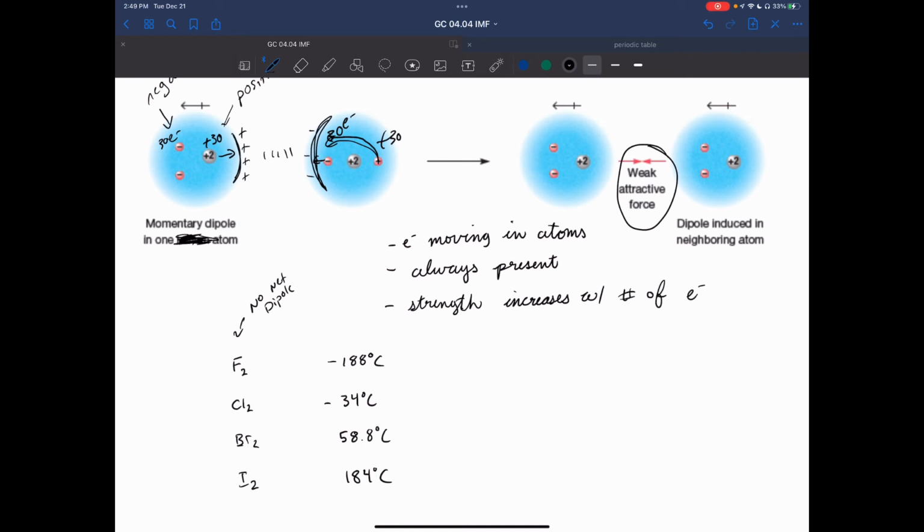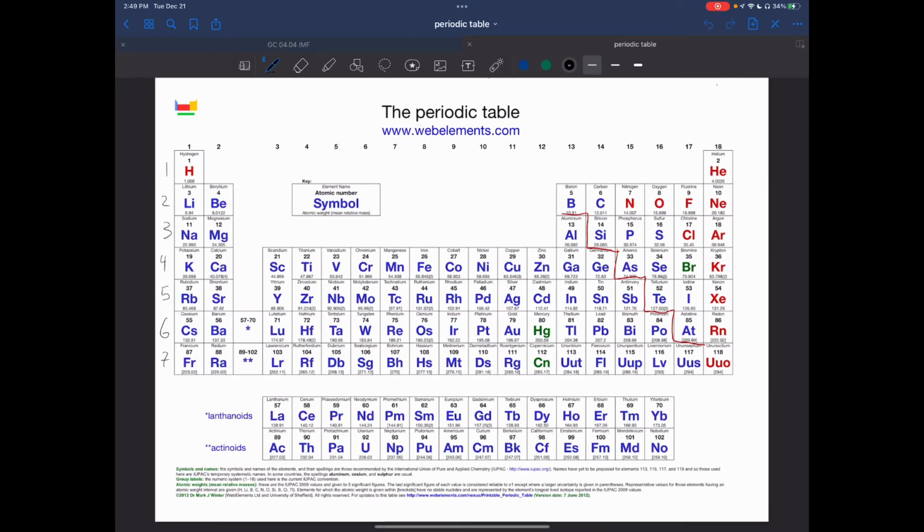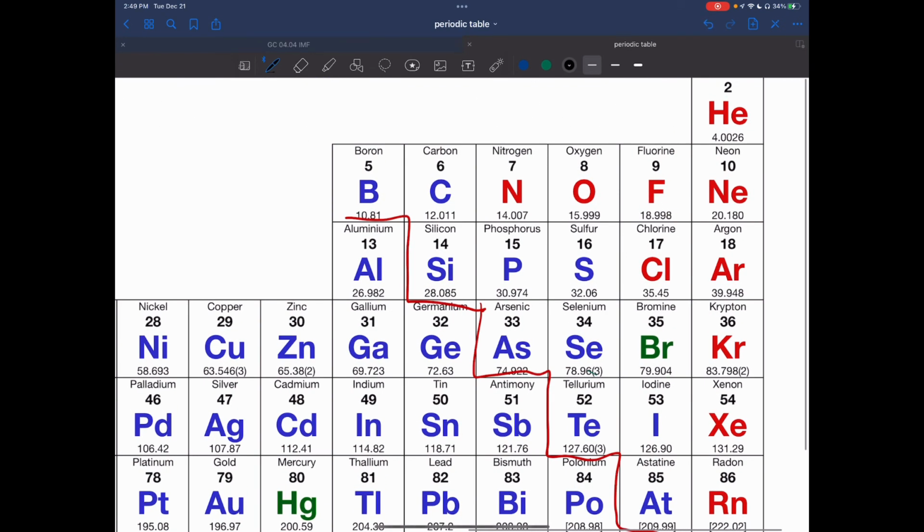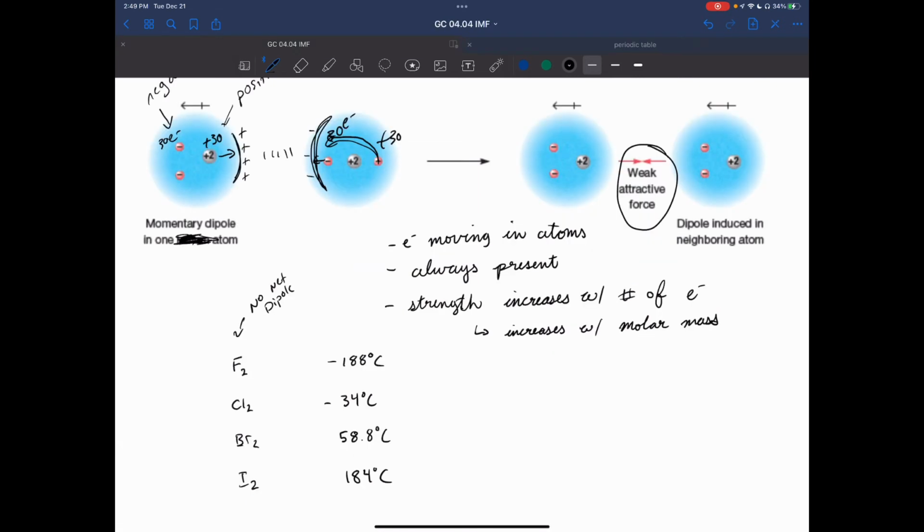And we're not going to sit there and say fluorine's got 9 electrons, so that's 18 total electrons. The easier way to do this is that it increases with molar mass. You remember that we can get molar mass from the periodic table, right? So fluorine has a lower molar mass than chlorine, bromine, and iodine.